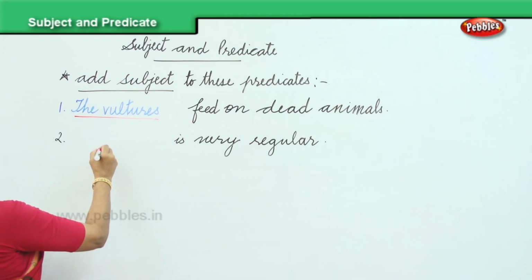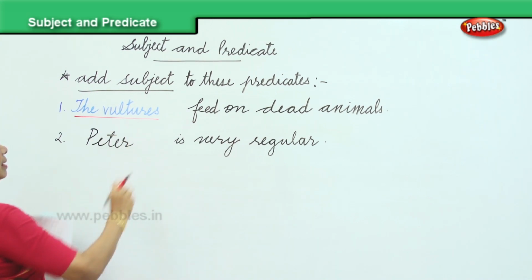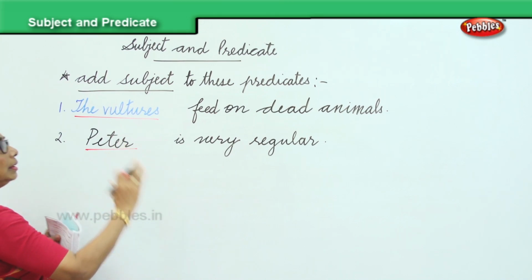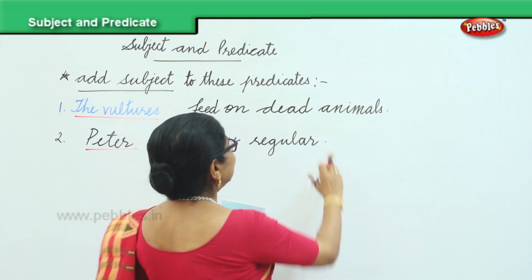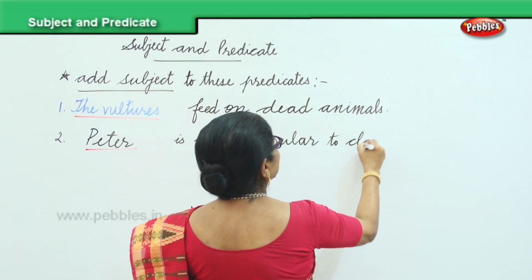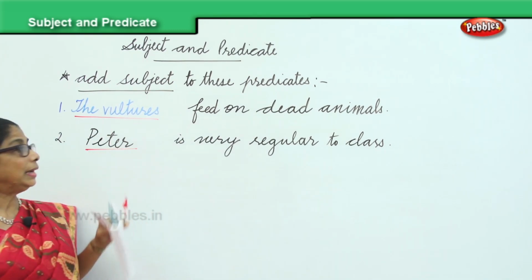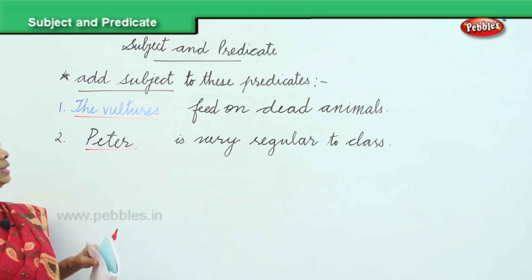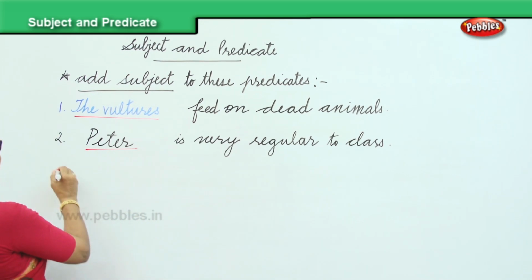You can say Peter, she, whatever you want. Peter is very regular to class. Is regular to class is the predicate, and you have supplied the subject Peter. Or you can say Peter and John, then I have to change the verb here. Okay. The third one.